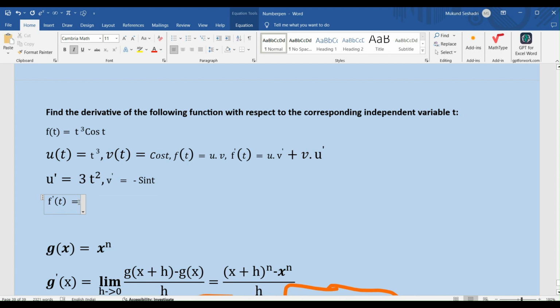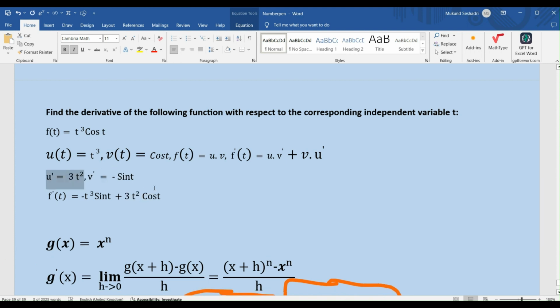When I move to the next line, I notice that my uv dashed is, my u is t cube, my v dashed is minus sine t, so I call this as minus t cube into sine t, plus vu dashed, my v is cos t, so I retain it as it is, and my u dashed is 3t square, which I bring here, right?